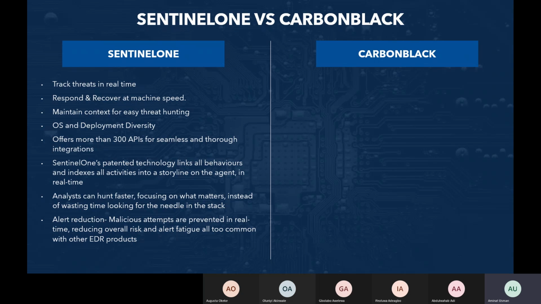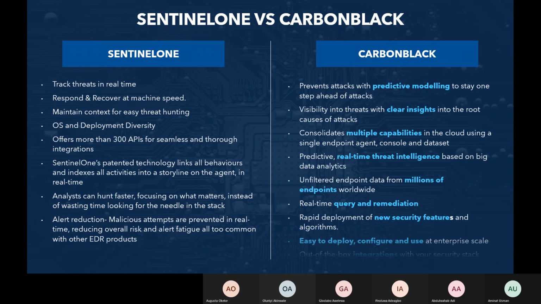So malicious attempts are prevented in real time. So same thing we've been saying, Carbonblack prevents attacks with predictive modeling to step ahead of attacks. It gives you visibility into threats with clear insights into the root causes of the attacks.